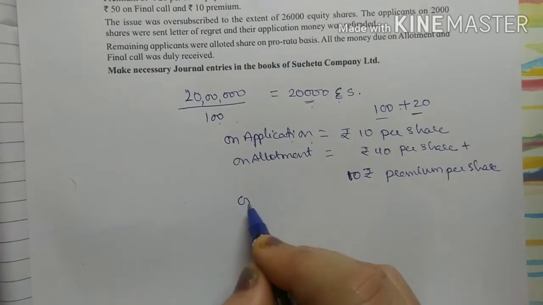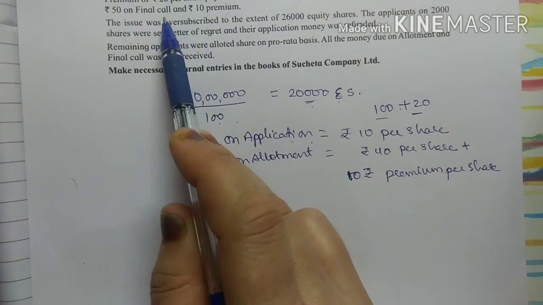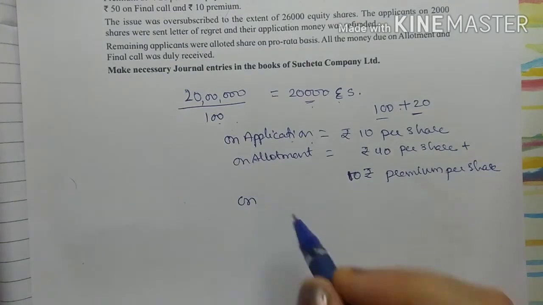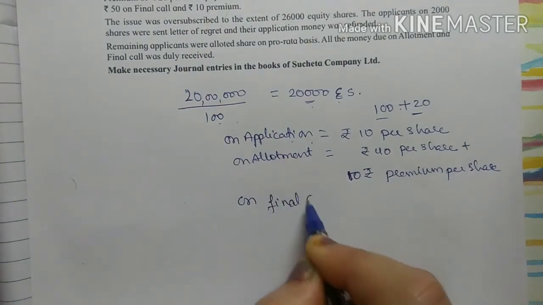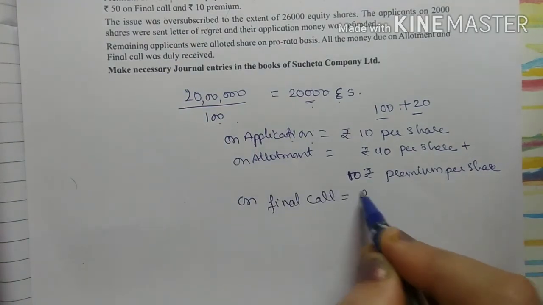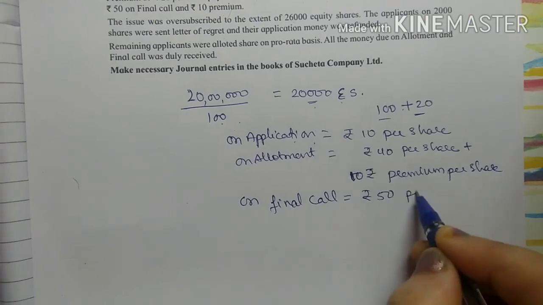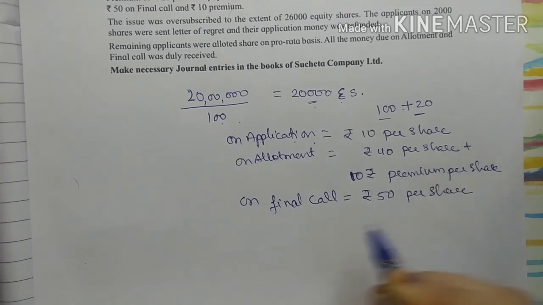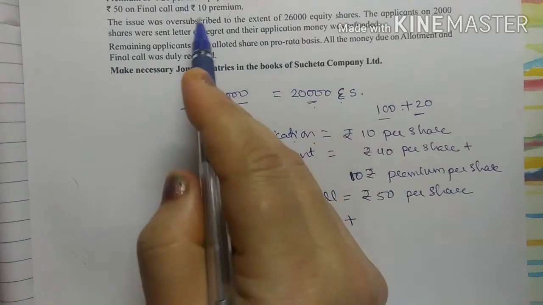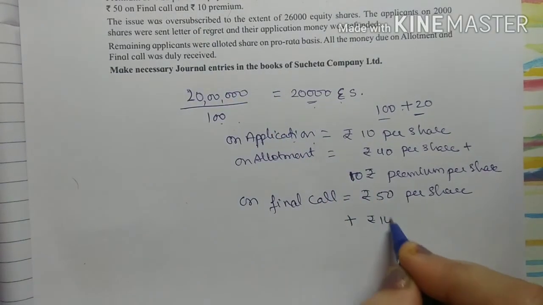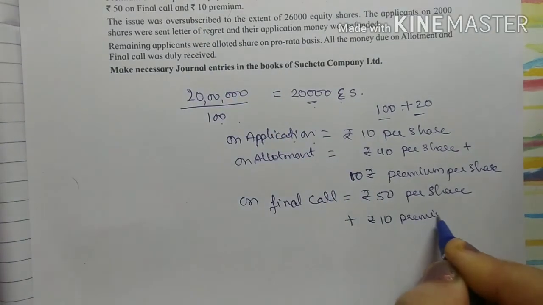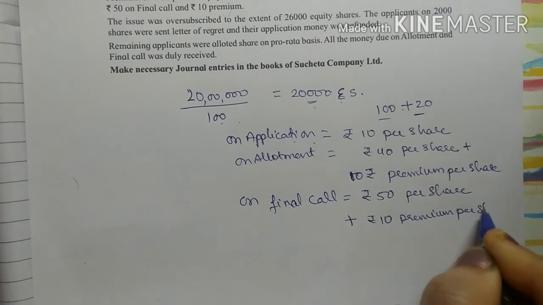Now next, here they have just made the final call. They have not made first and second call. So on final call, they have asked rupees 50 per share plus 10 rupees premium, right, per share.